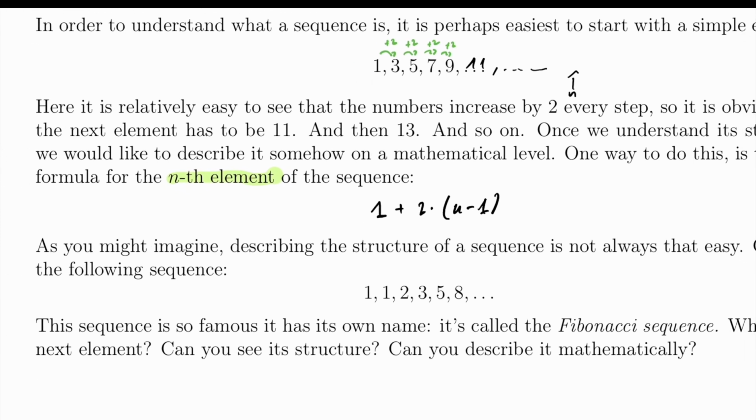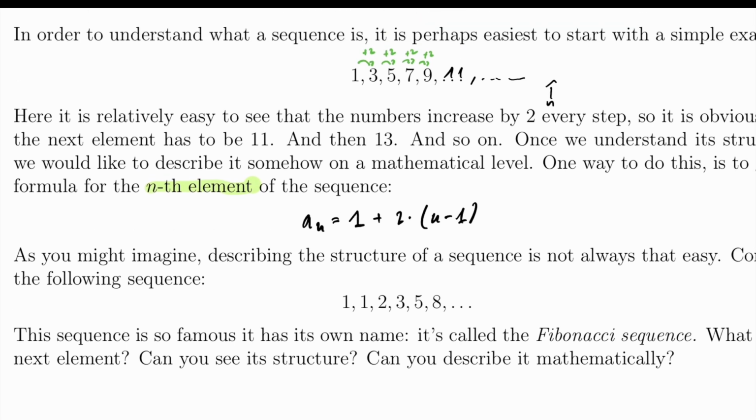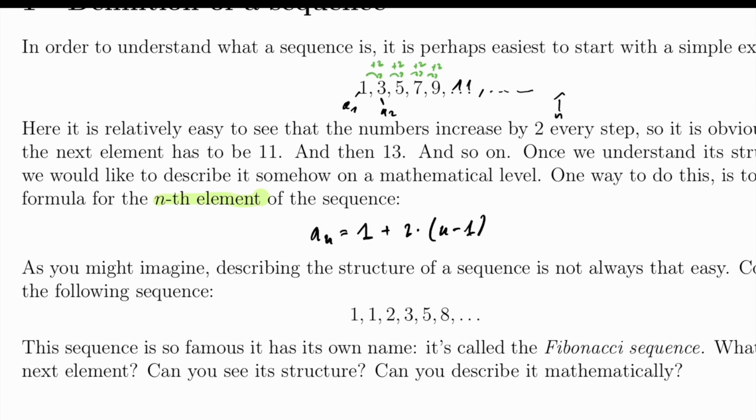We dub this, notation wise, an. Note that here the n is in the subscript, so this is not on the same level. And as such, for instance, this one here would be a1, this one here would be a2, and so forth.